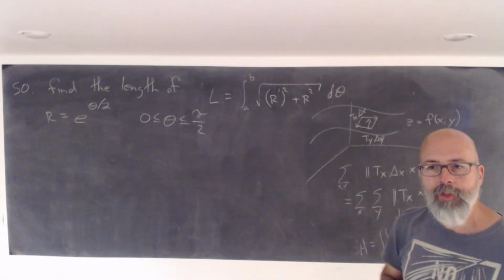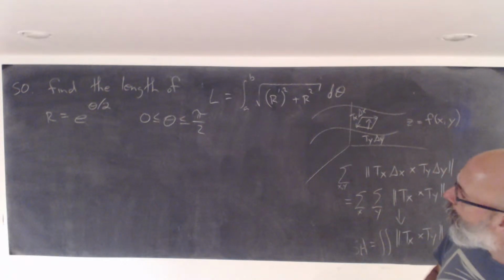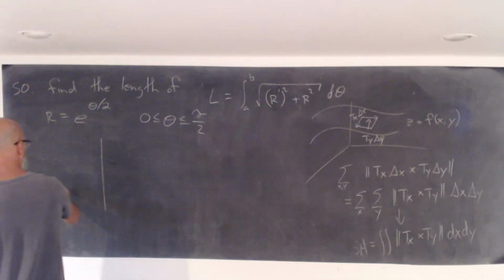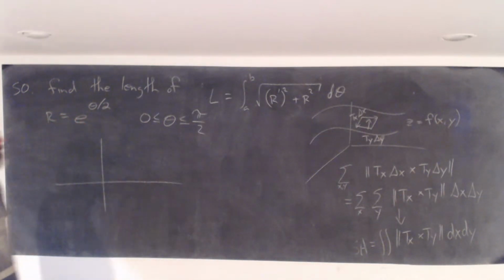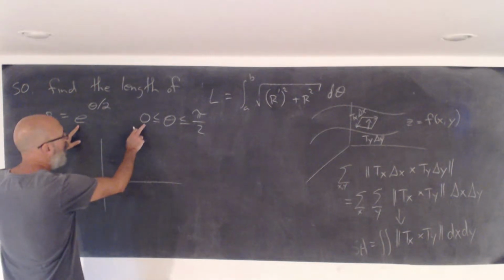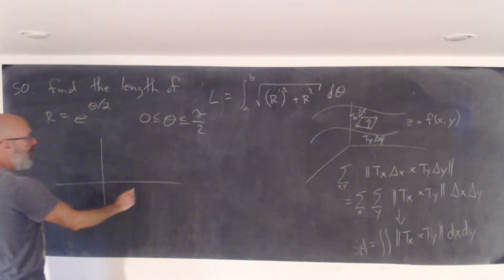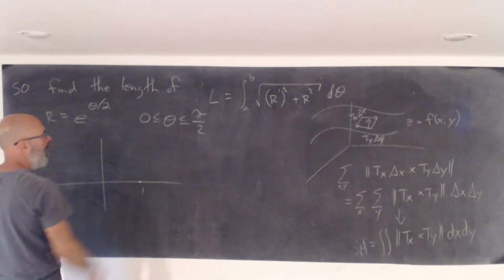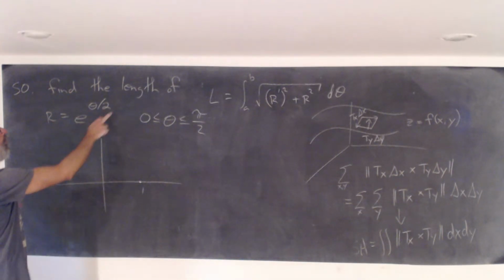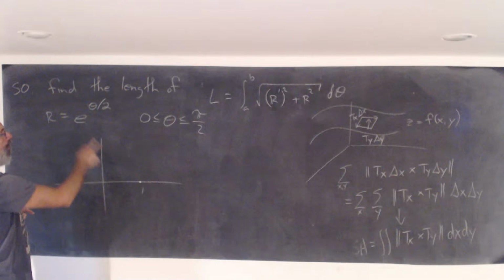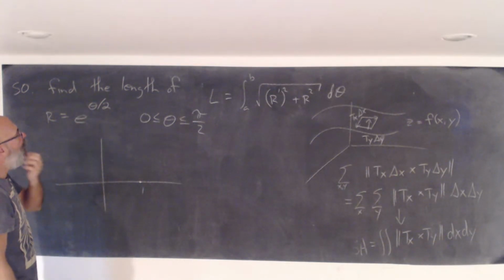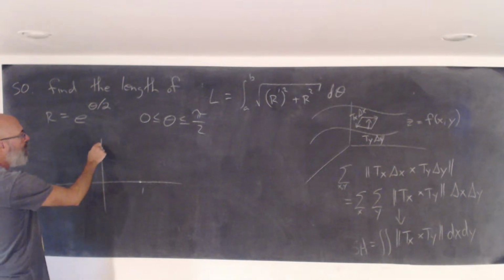I mean, it's a new curve. We haven't seen this before. What does the graph look like? When theta is 0, e to the 0 is 1, so you're starting at 1. And as you are increasing all the way to pi over 2, this is increasing all the way to e to the pi over 4, whatever that is. I mean, we know it's bigger than 1.